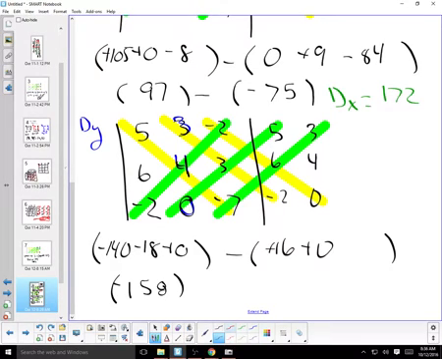That's going to be 18 times 7. So 140 minus 14. Do 42 times 3? 42 times 3 is 126. It's negative 126. So minus 126.